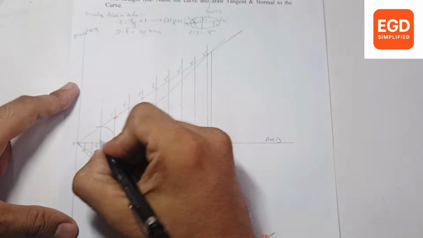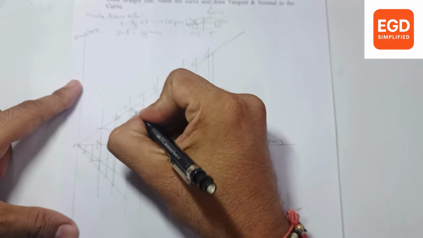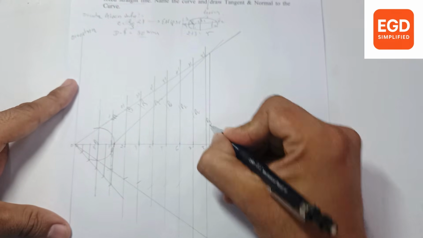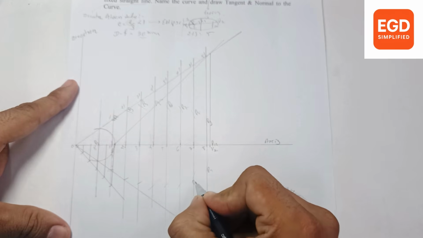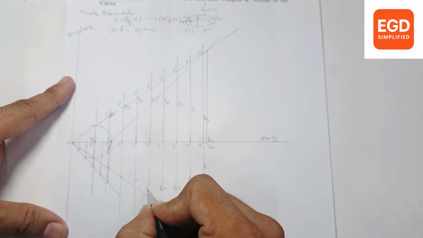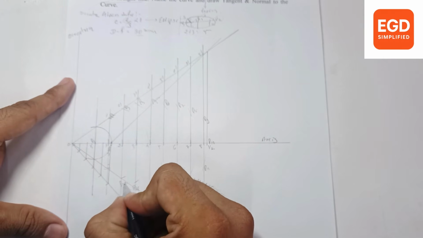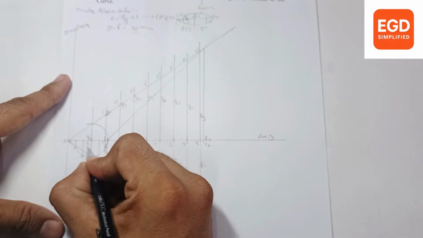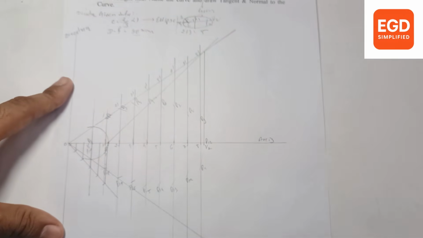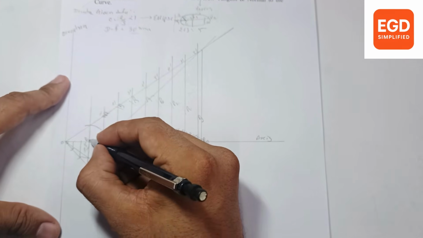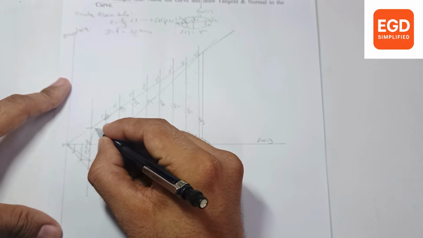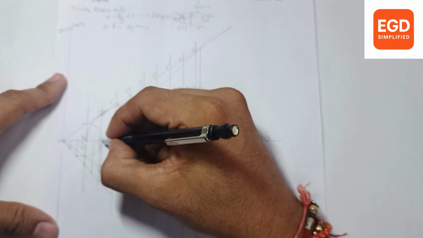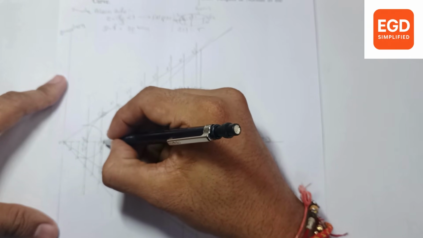Give numbering to each arc: P1, P2, P3, P4, P5, P6, P7, P8, P9, P10, P11, P12, P13, P14, P15, P16, P17, P18 and P19. Now draw a smooth curve from the vertex. Take a note that here it is your focus point.